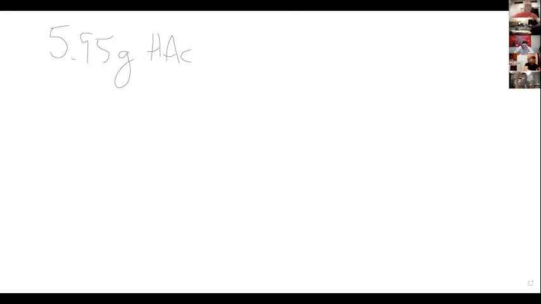acetic acid. Now I want to turn that into a volume, but to do that, I need to know the density.